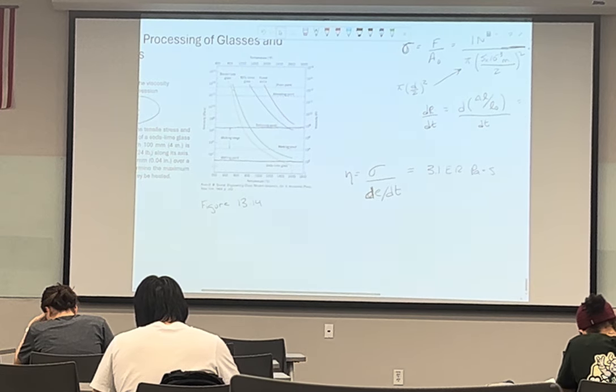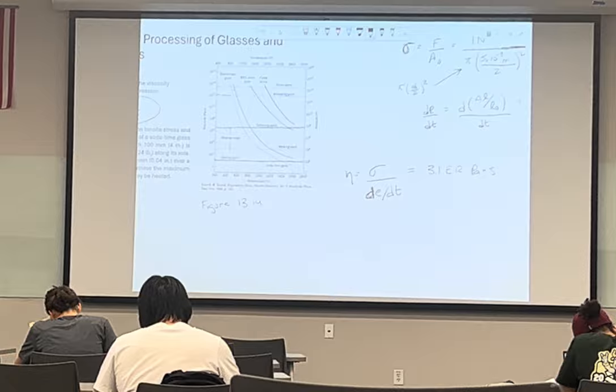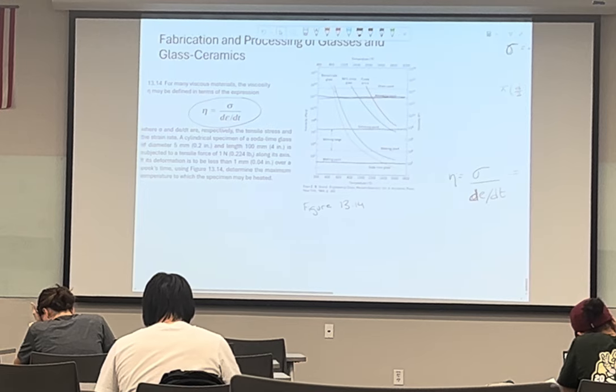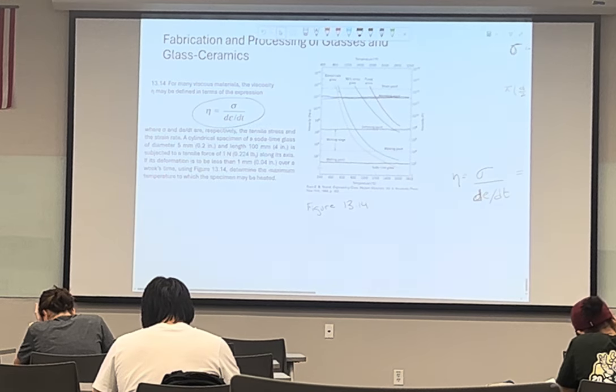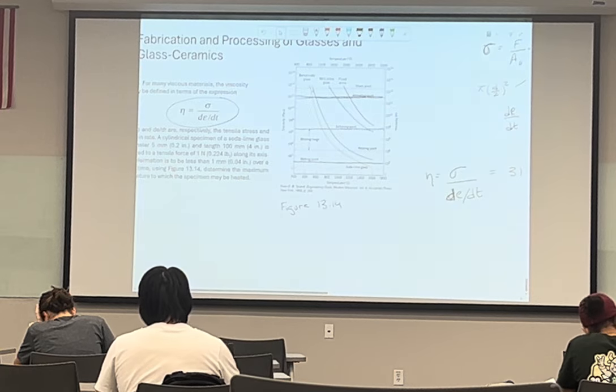And if we look at our table to see where we can find that value, 3.1, it's going to be kind of difficult to see, but we should be somewhere around here. I'll just use this line. And this is going to be soda lime glass, right? Yes, soda lime glass is the one in yellow.